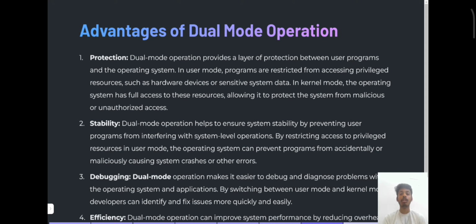In kernel mode, the operating system has full access to these resources, allowing it to protect the system from malicious or unauthorized access. Stability. Dual mode operation helps to ensure system stability by preventing user programs from interfering with system level operations. Debugging. Dual mode makes it easy to debug and diagnose problems with the operating system and applications.